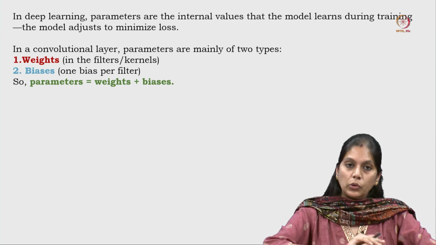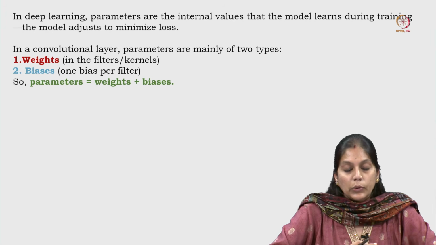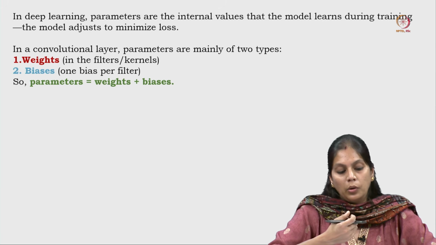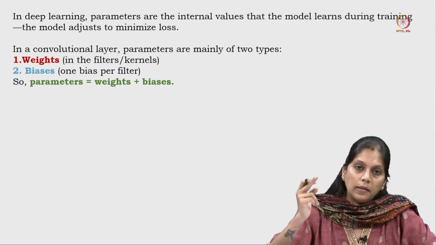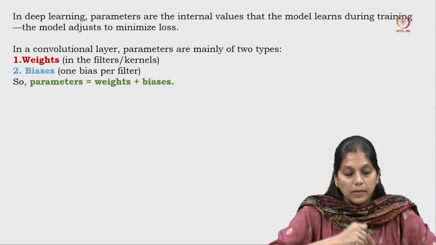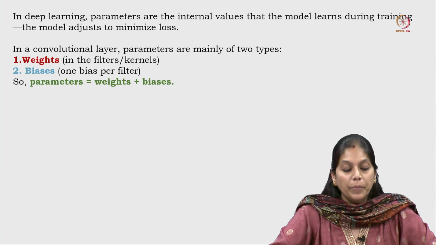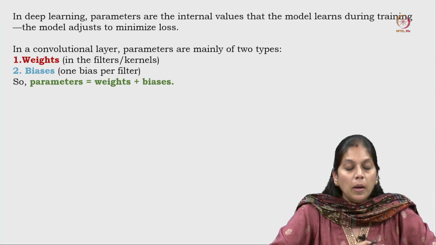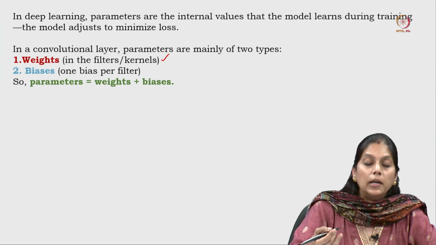But what we are discussing here is CNN. So, in CNN, what are the learnable parameters? Weights and bias were the learnable parameters in the multi-layer perceptron. What are the learnable parameters here? Here also we call them weights and bias only. But what are the weights? The weights here are kernels or filters.